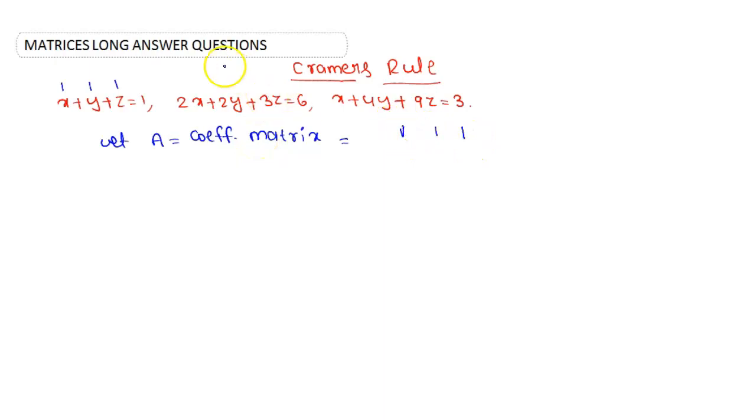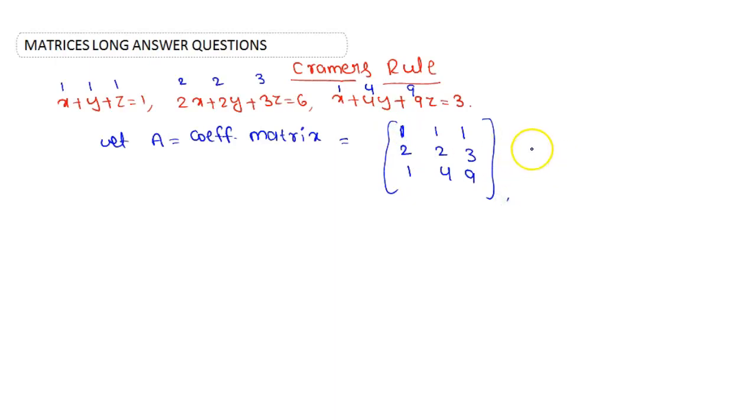Next, second equation: 2, 2, 3, second row. And third equation: 1, 4, 9. So this matrix is called the coefficient matrix.